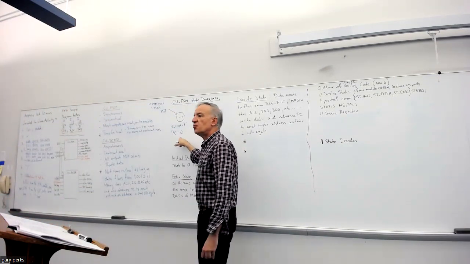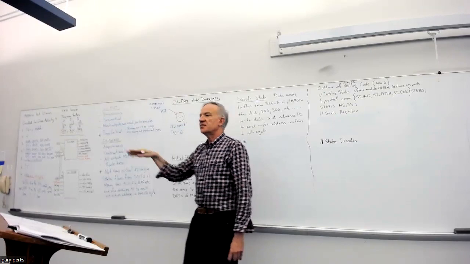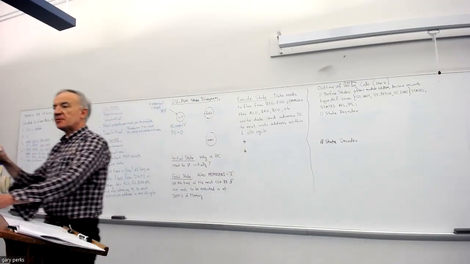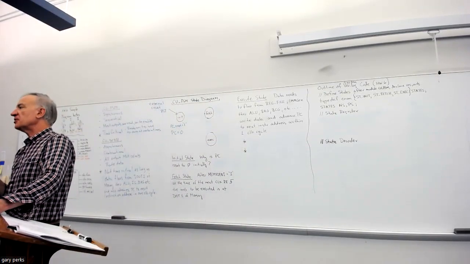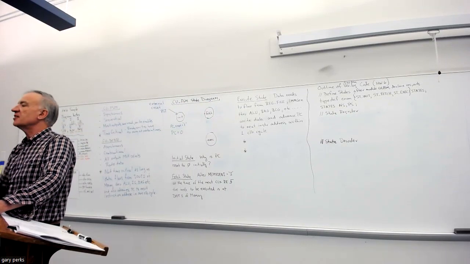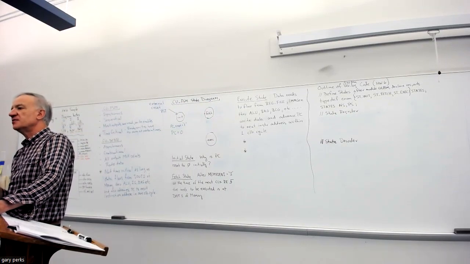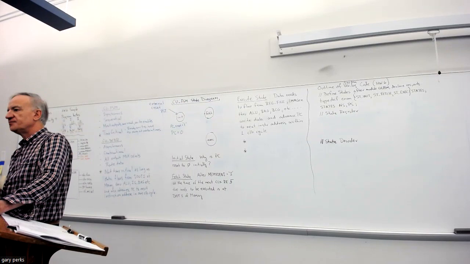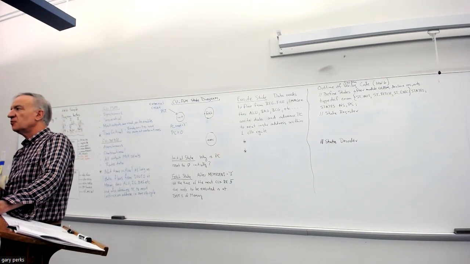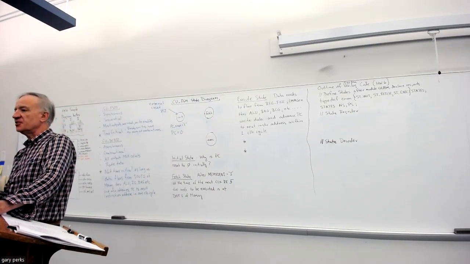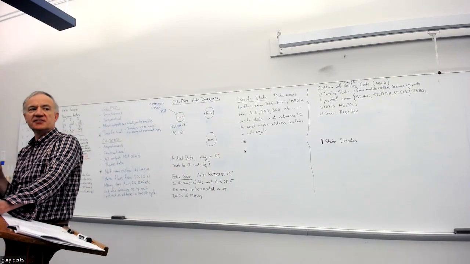So why do we want to initially make the output of that program counter, which has the address of the instruction, start at 0? Well, the first instruction to be executed is at address 0, 0, 0, 0.